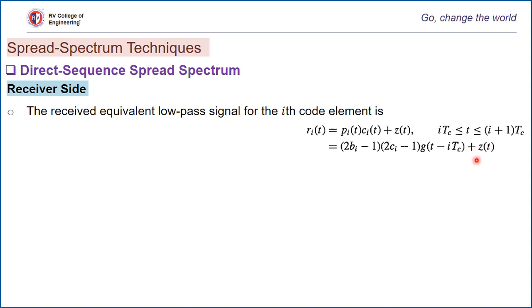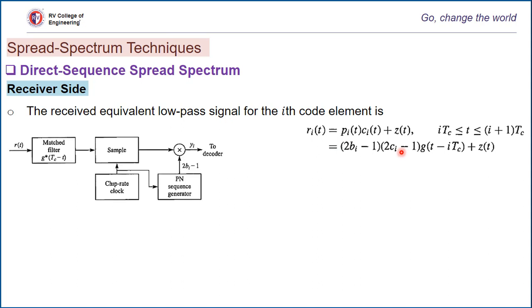If Z of t is a sample function from a complex valued Gaussian process, the optimum demodulator may be implemented either as a matched filter to the waveform G of t, or as a correlator. In the matched filter realization, the sample output from the matched filter is multiplied by 2Bi minus 1.